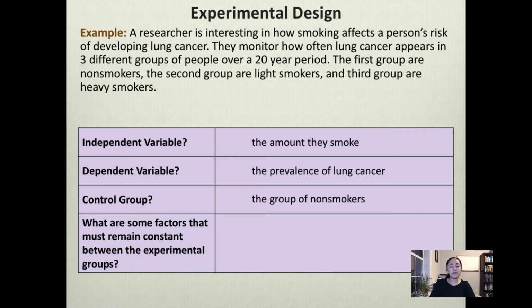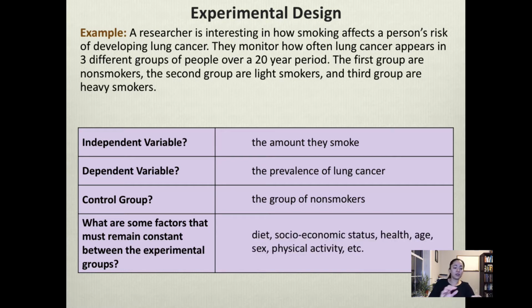What are some factors that must remain constant between the experimental groups? So again, we have to make sure the only thing really that's different between these different groups is the amount they smoke. Everything else should be constant. So that includes the diet of these individuals, their socioeconomic status, their health, age, whether they're male, female, their physical activity, and so forth.